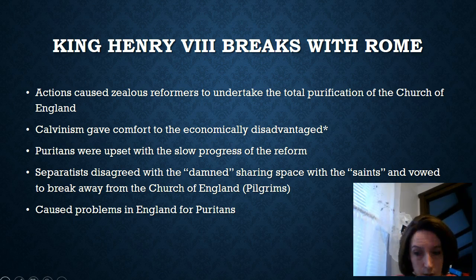He has some advisors around him who are telling him, why should you listen to the Pope? You're the king. And we know that Henry has a bit of this power complex. And since the Tudors were relatively new to leadership in England, having just his father, King Henry's father, winning the throne, really, he wants to solidify that, and he likes to display that he is a powerful king.